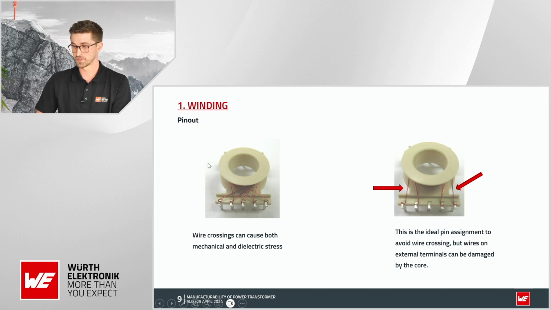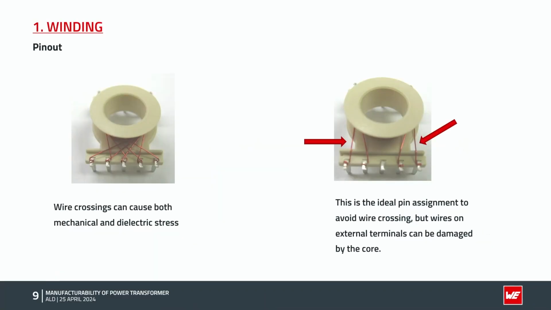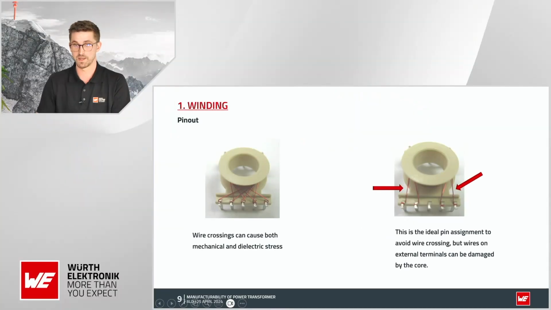In the right picture, the pinout was changed and wire crossing is avoided, but the wire is exceeding the bobbin flanges here and here. This can cause some issues during core assembly, potentially damaging the wire. Sometimes the best solution does not exist, and one must choose a trade-off.